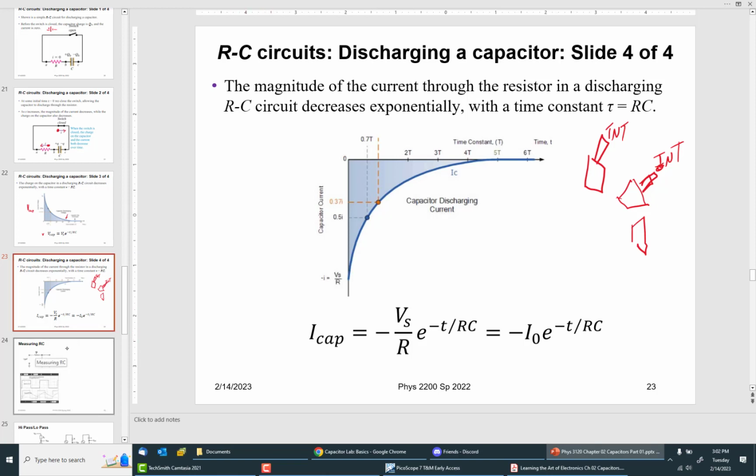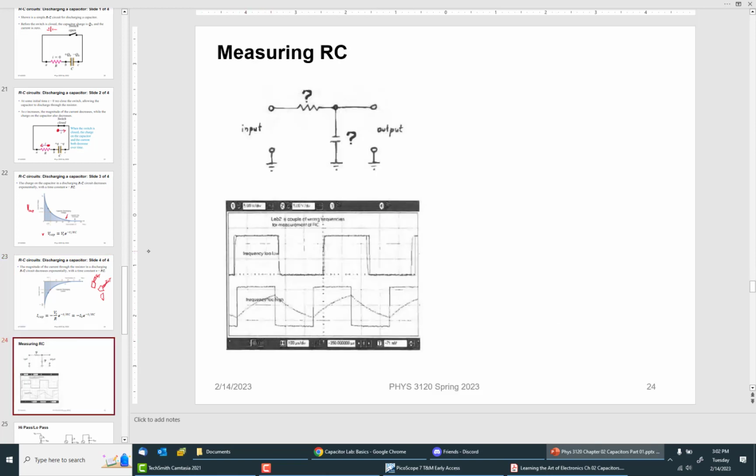Okay. What do we got? So we're going to try and look at this. I used to know what values to use here, but I think you can put, say, 1 to 5K right here, and then I would try out 0.1 microfarad, maybe down to as much as 0.01 microfarad.